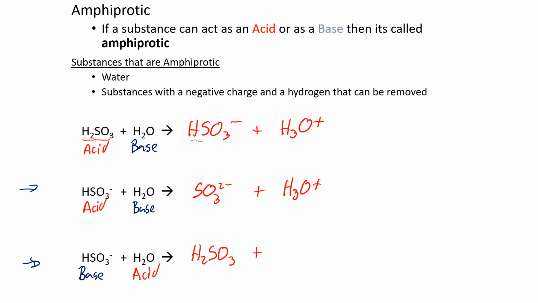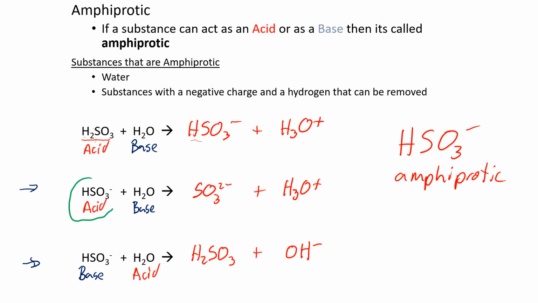It's going to lose a proton, and so it would become OH minus. So HSO3 minus is amphiprotic. It has the ability to act as an acid and the ability to act as a base, and so therefore it's amphiprotic.